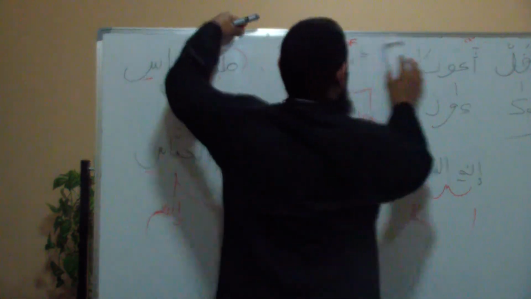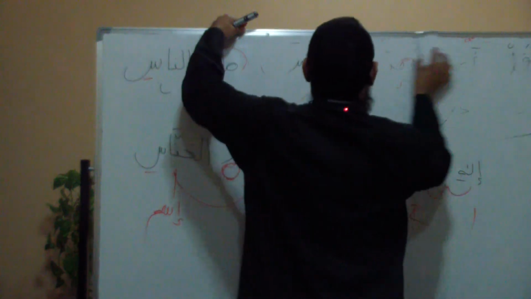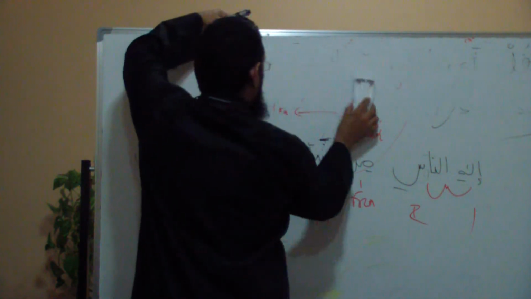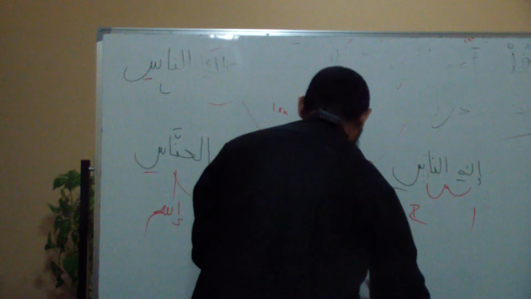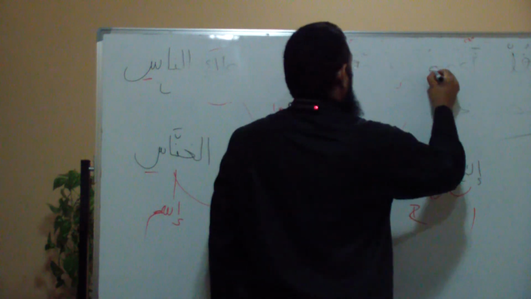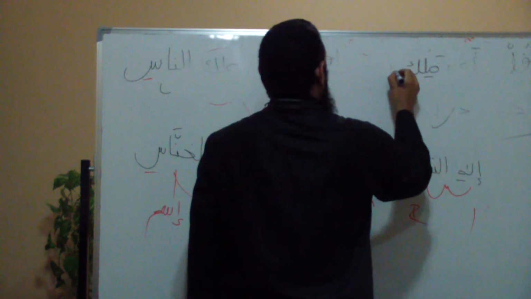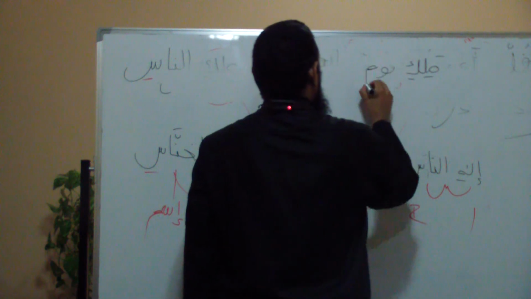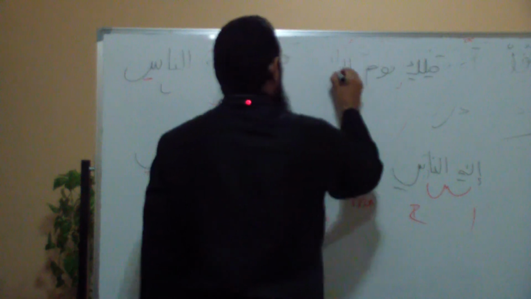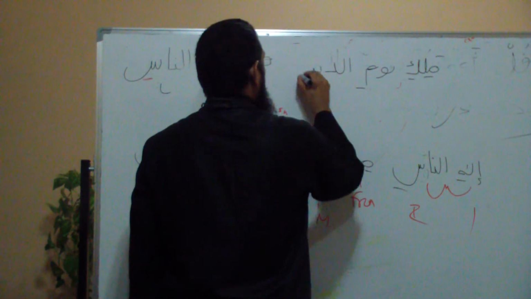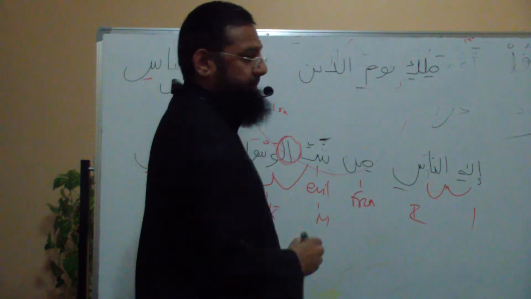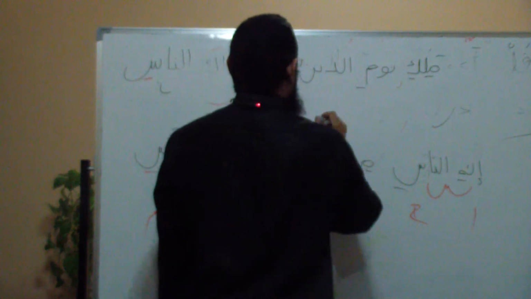Alright? Let me just do this. Maliki Yawmiddin. So you've got Maliki, right? Yawm, ad-Din. Okay, here you've got three isms, Malik, Yawm and Ad-Din.